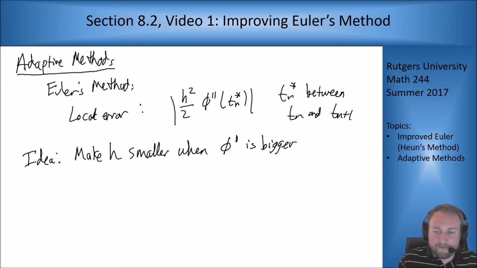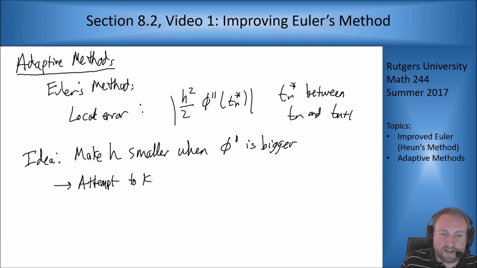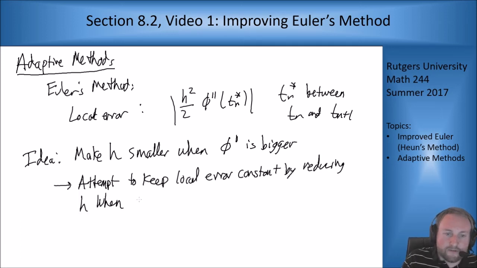I know it's a really vague sense to throw out there, but if my second derivative gets really big, I can shrink h to reduce my local error at that point, and keep going while phi double prime is really big. Then when phi double prime starts to flatten out again, I can take bigger steps. So I can attempt to keep local error constant by reducing h when phi double prime is large.